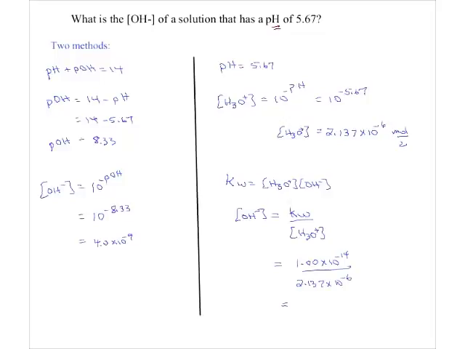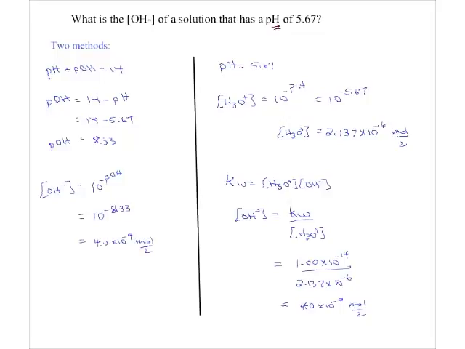And what do we get? Again, I get 4 times 10 to the minus 9, and again it's moles per liter because it's concentration.